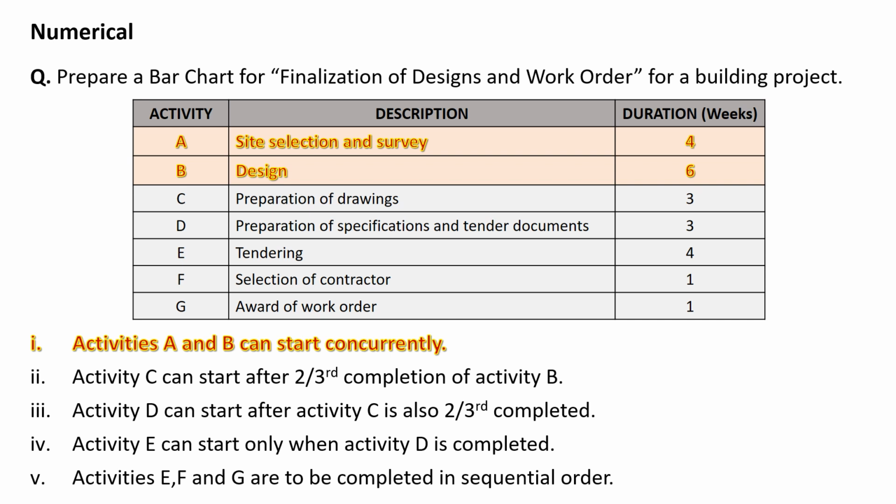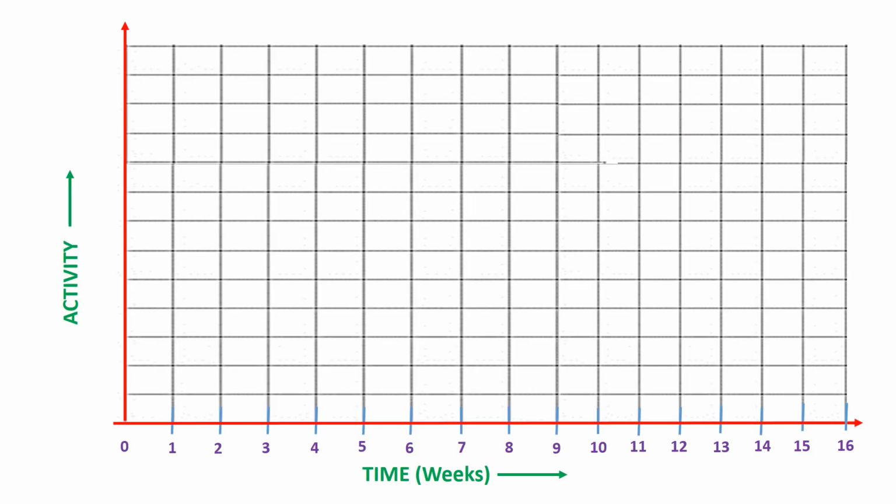Therefore, from the relation, both activities A and B can start at the same time and the duration of the activities can be seen from the table. Activity A, that is site selection and survey, takes 4 weeks, and activity B, that is design, takes 6 weeks. Now let's see how to draw the Gantt chart for these two activities.